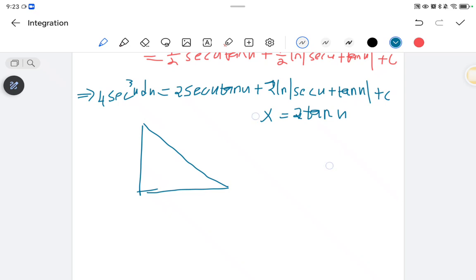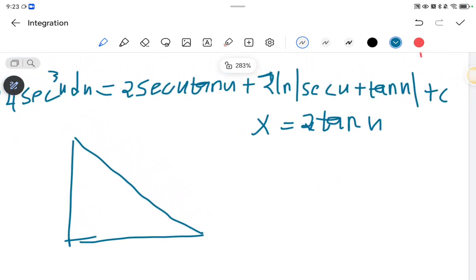And the original question said that we must integrate the root of 4 plus x squared dx. Do you agree that that is what we were told to integrate?